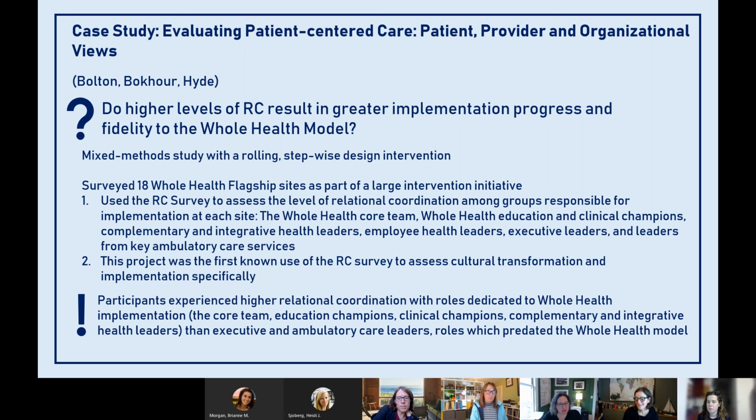I assume that the whole health champions probably had more of their time protected for this. And so it's not necessarily that you don't want to work with the other people, it's that they have so many other things on their plates that they're perhaps less available or maybe not co-located.